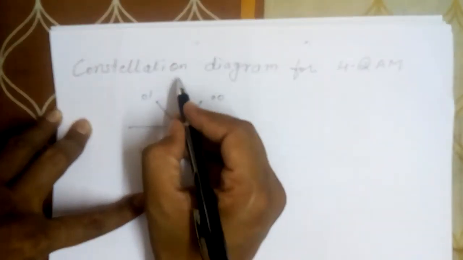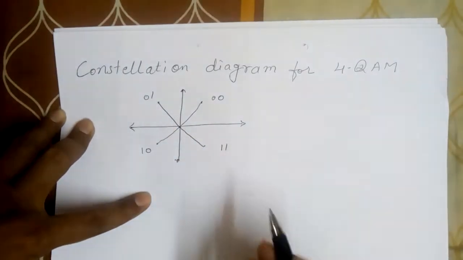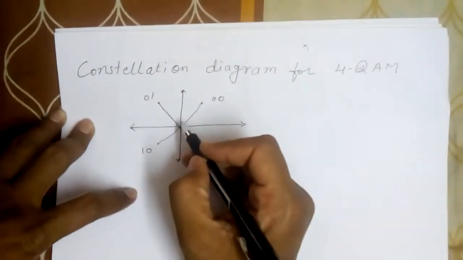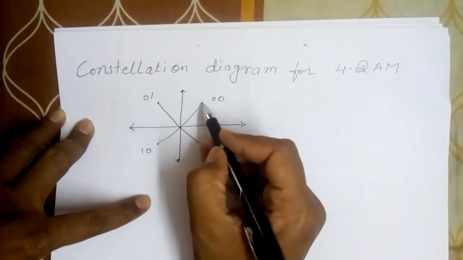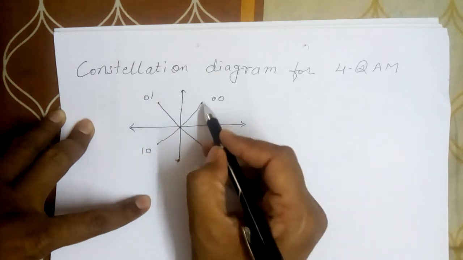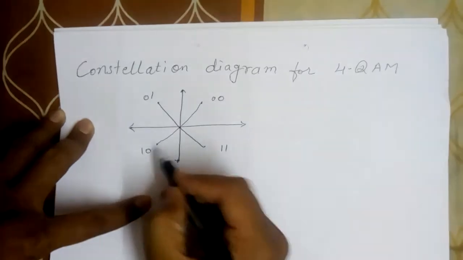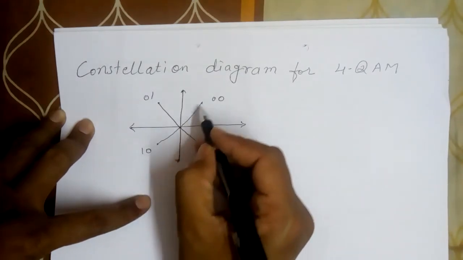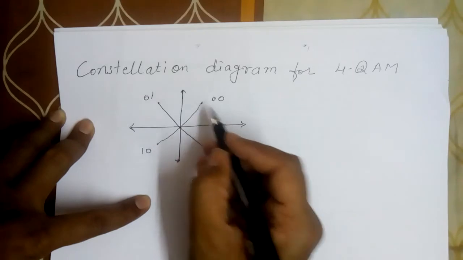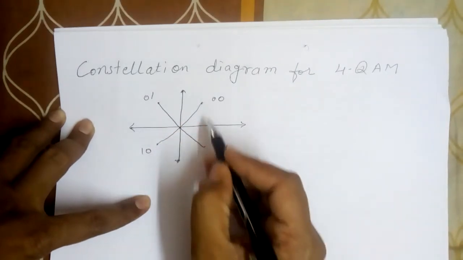So here we can observe that the distance of these signals 00, 01, 10 and 11 from this origin are same, but they are in different phase.